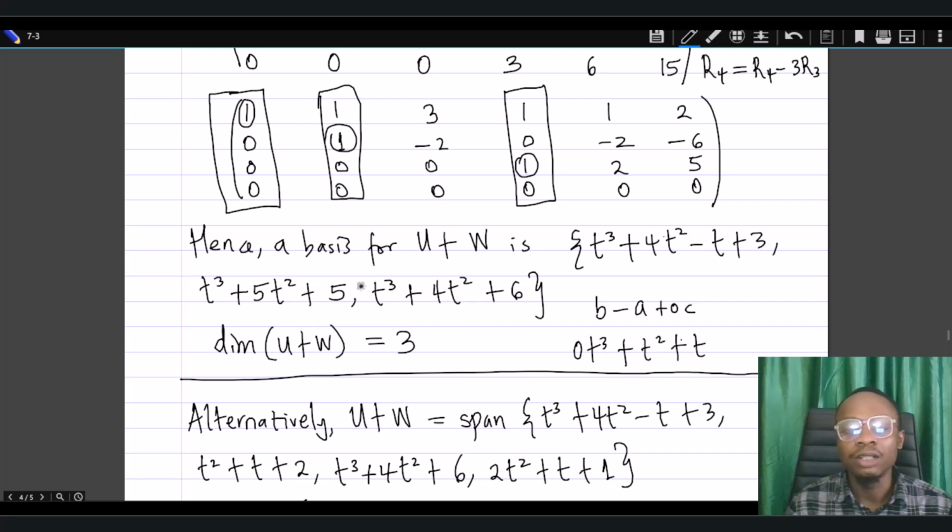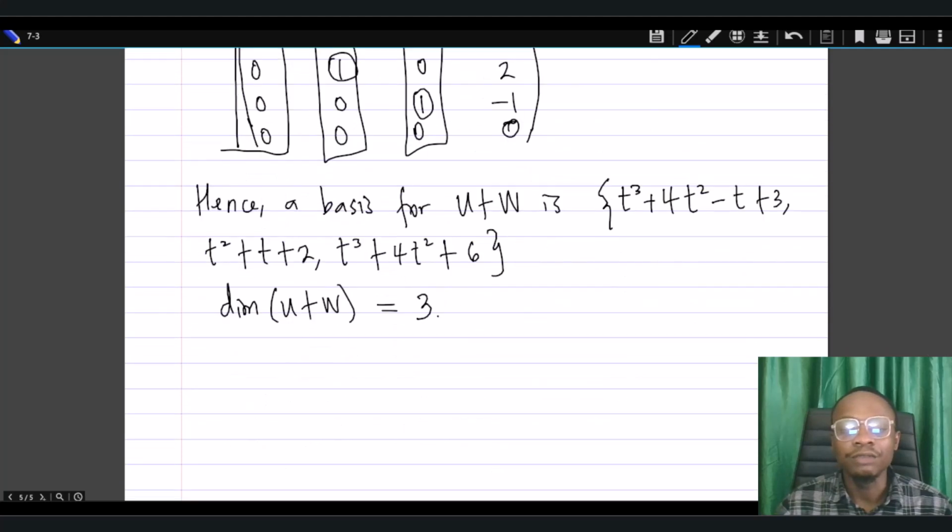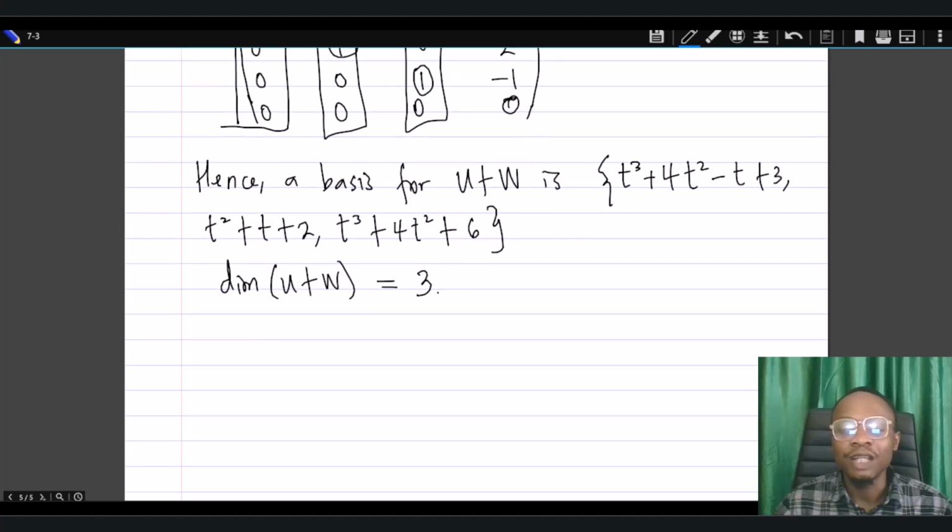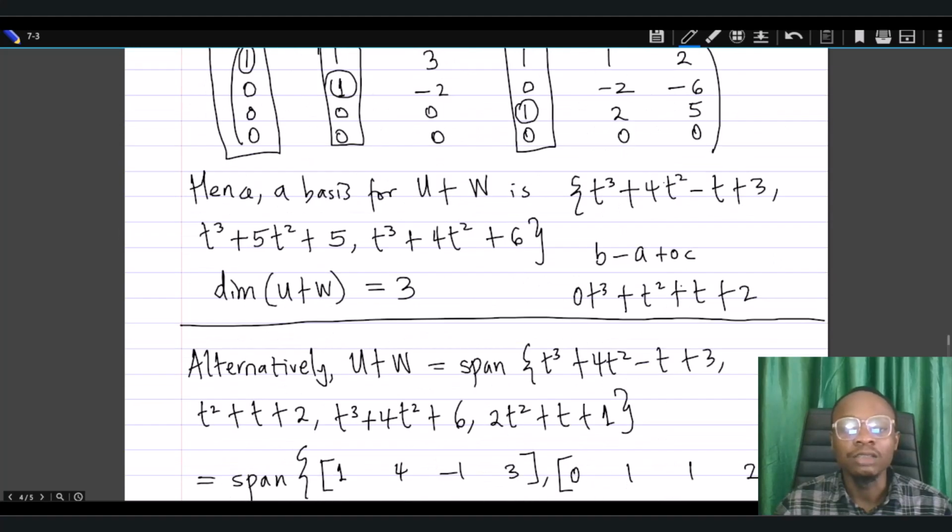Then 5 minus 3 will be 2. So we have t squared plus t plus 2. So we can see that it is a linear combination of these first two. That confirms for us that we are on point. The two sets will span the same vector space. So we are good to go.